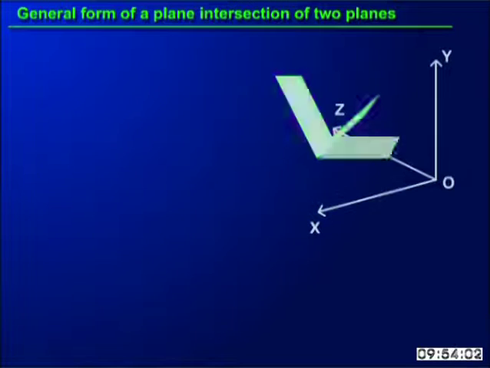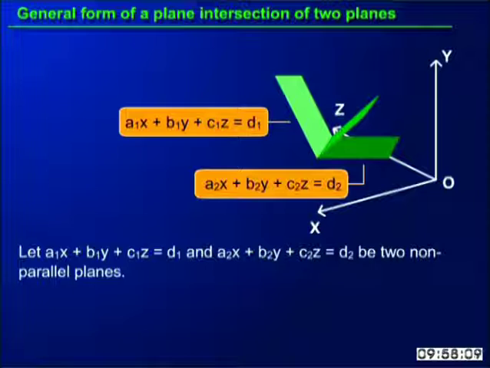General form of a plane: let a1 into x plus b1 into y plus c1 into z is equal to d1 and a2 into x plus b2 into y plus c2 into z is equal to d2 be the two non-parallel planes.